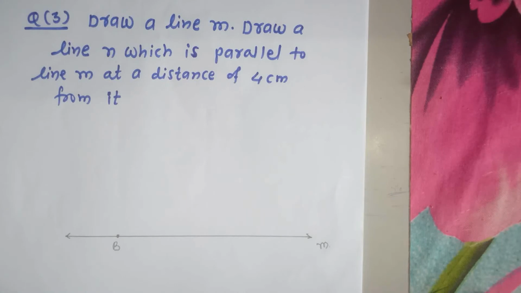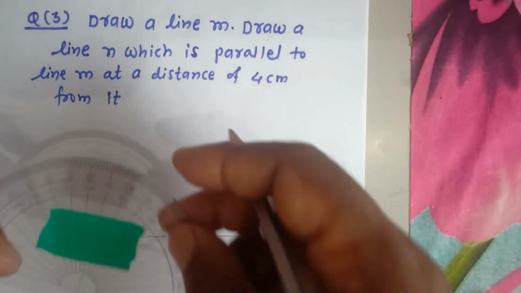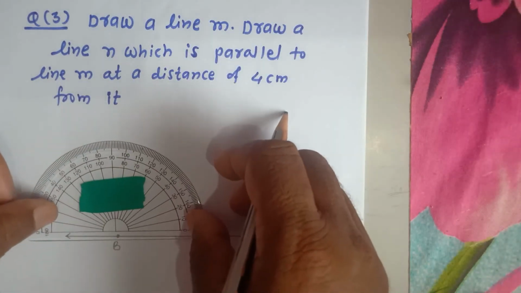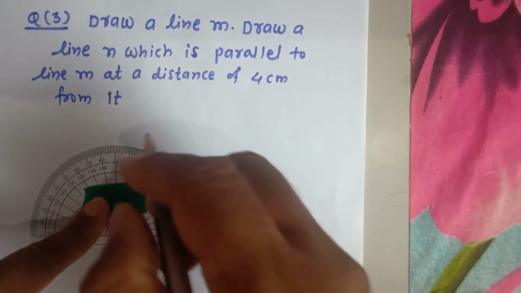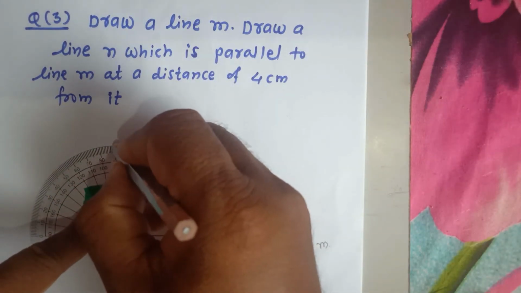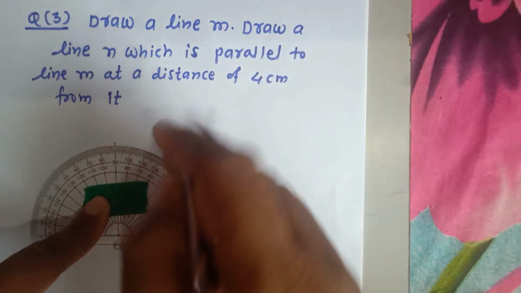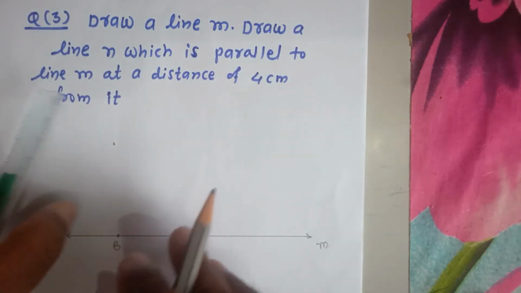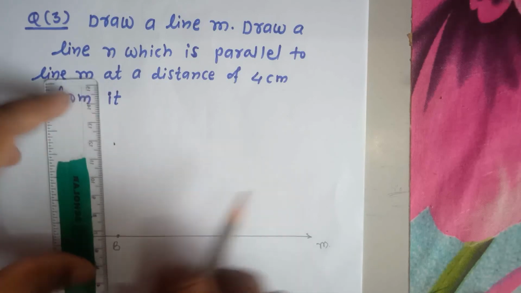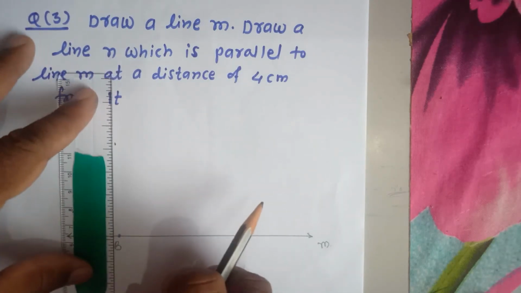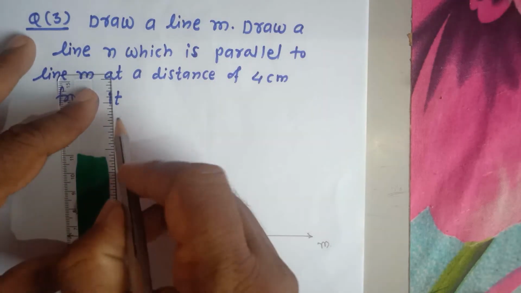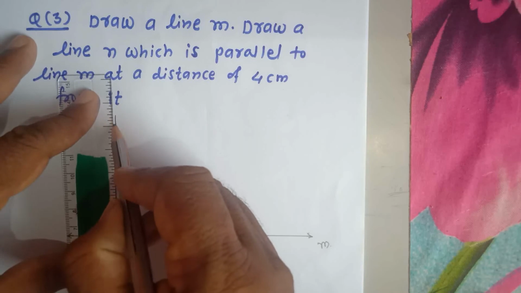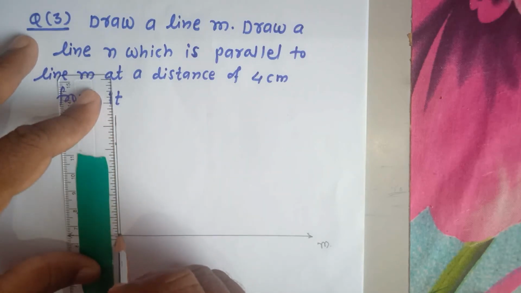Now with the help of a compass or set square or protractor, draw a line perpendicular to the line M. We use protractor here. Draw this perpendicular line to the line M.